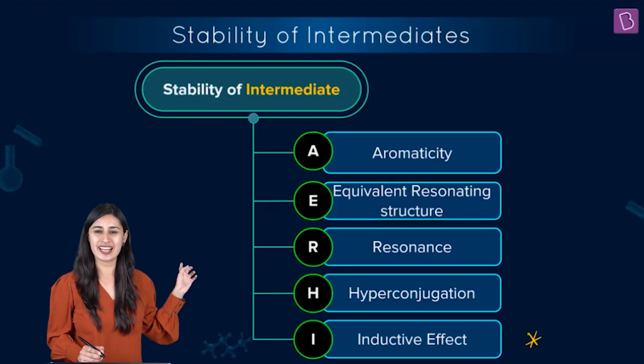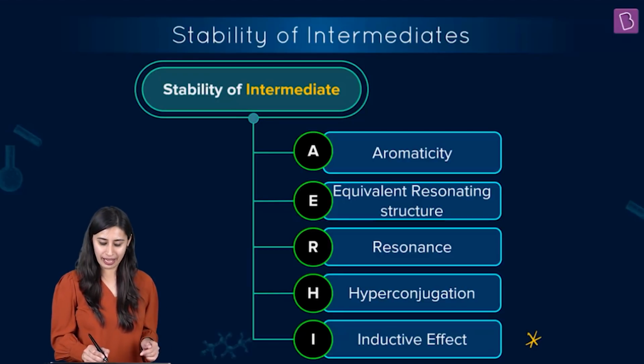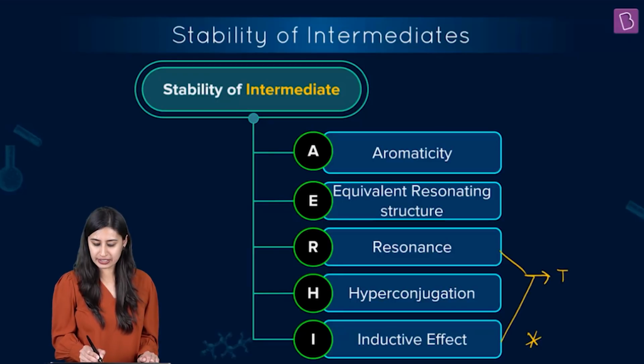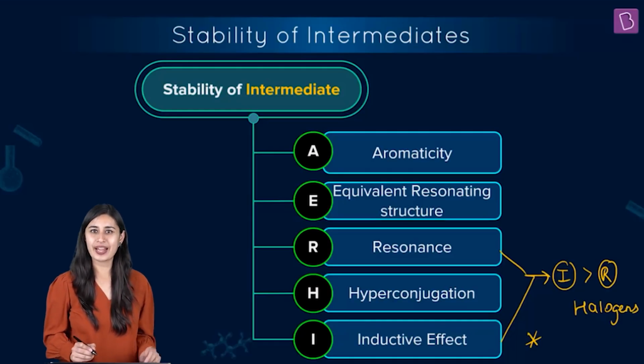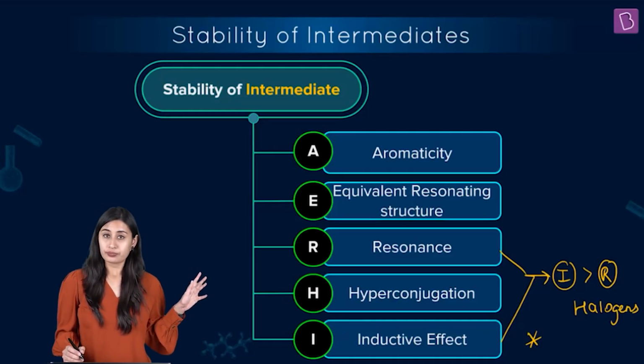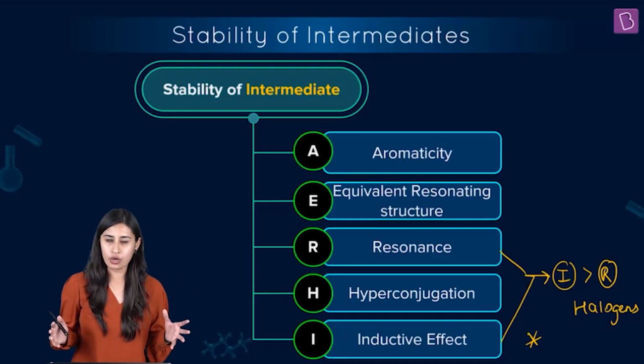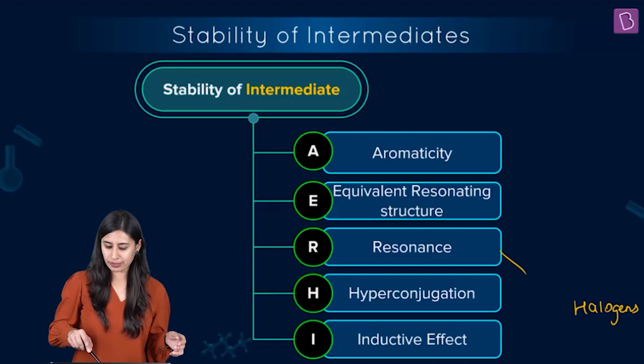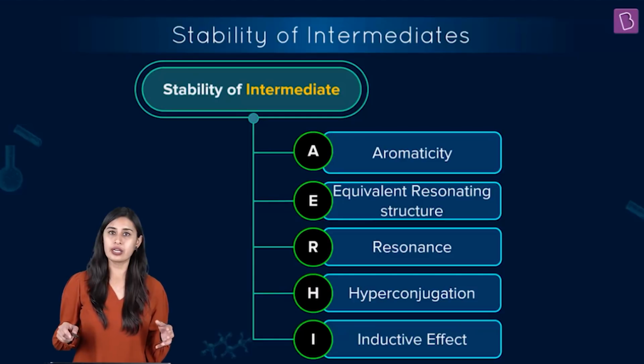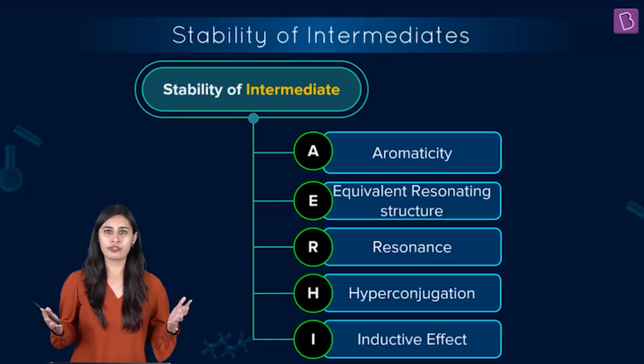There is a star, there is an asterisk here, which you know. When I talk about halogens, out of resonance and inductive effect, inductive effect is more dominating than resonance effect when we are talking about halogens. Point to be noted, right? So, when I'm talking about this kind of a tertiary butyl carbocation or secondary butyl carbocation, resonance is already out of the picture, aromaticity is out of the scene, equivalent resonating structure, forget about it.